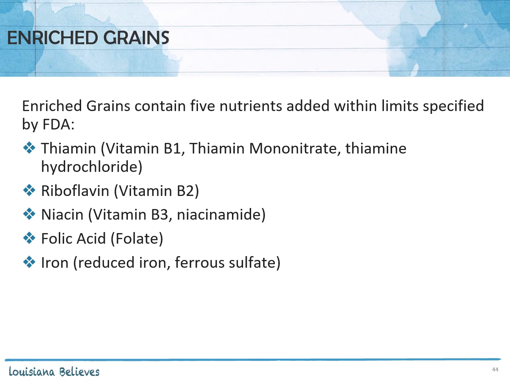Enriched products are not nutritionally equivalent to whole grain products because enrichment does not replace all the nutrients, fiber, and other health-enhancing substances originally present in the whole grain. Enriched grains have 5 nutrients added within limits specified by the Food and Drug Administration: thiamine, riboflavin, niacin, folic acid, and iron.